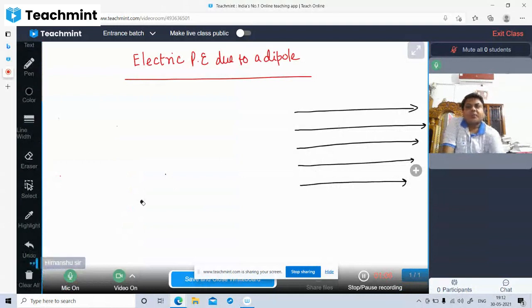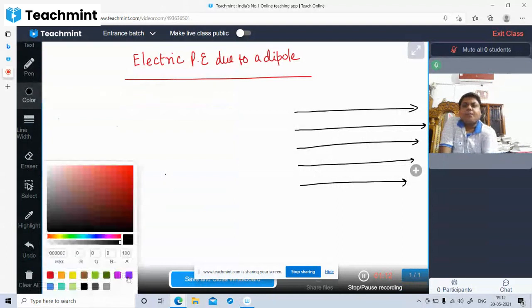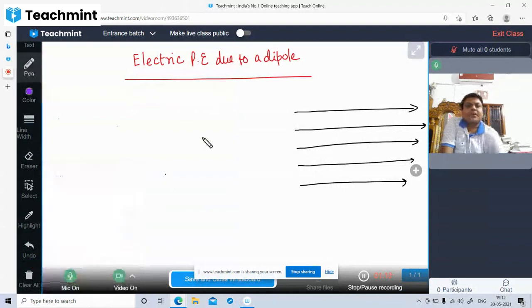Let us take another color. Let us consider this is the dipole, minus q here and plus q here. The angle with the electric field is theta.